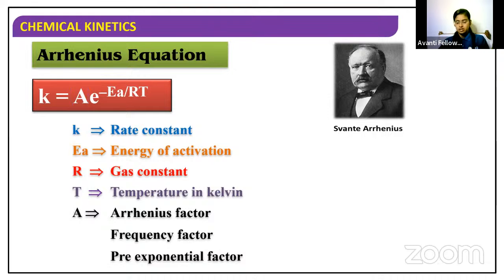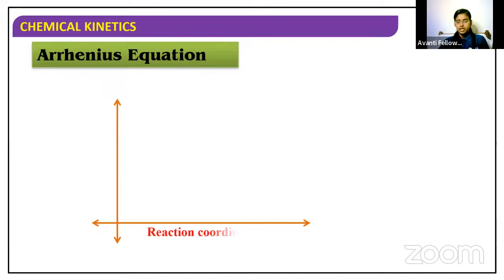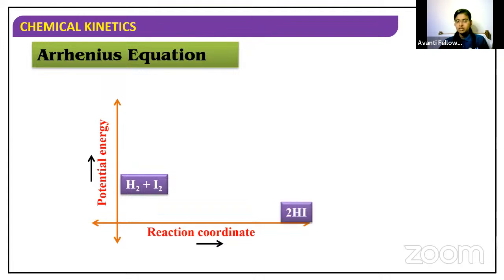Okay, fine. I also showed you one diagram, with reaction coordinate versus potential energy. This is the potential energy curve. Suppose I take the reaction H2 + I2 giving 2HI. H2 and I2 are the reactants, and the reactants will be converted into the hydrogen iodide product. 2 moles of hydrogen iodide are formed.